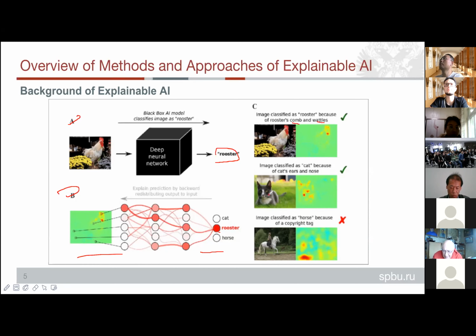And the case of cat is the same. It's worth noting that in the third picture, the result of the AI system prediction is wrong. It is because of the existence of explainable AI that we can know that the reason for the mistake is the copyright tag. And adjusting the AI system based on this, we can improve its predictive ability.